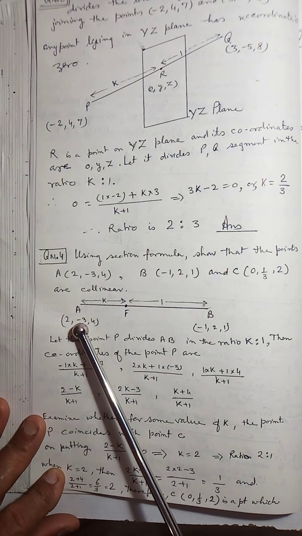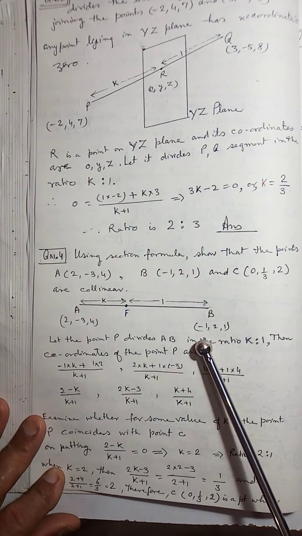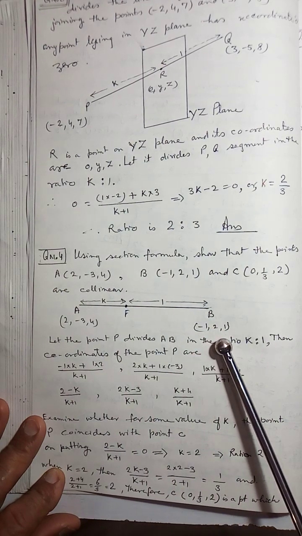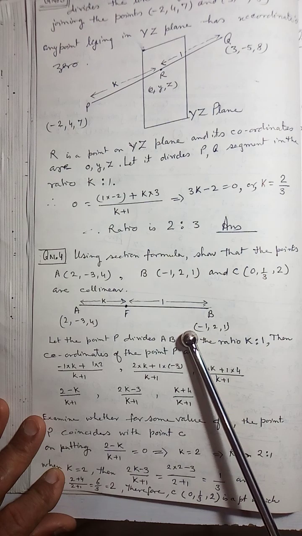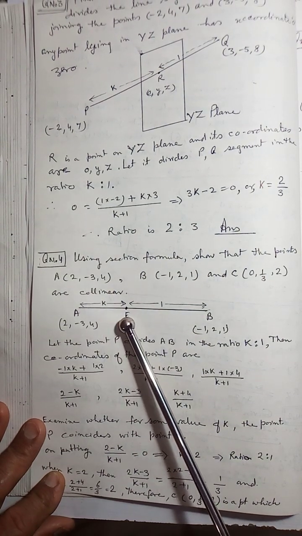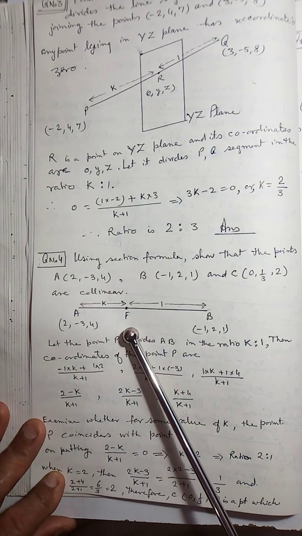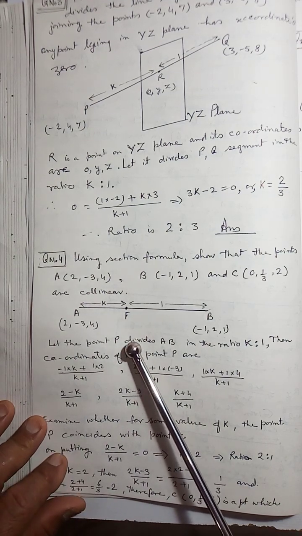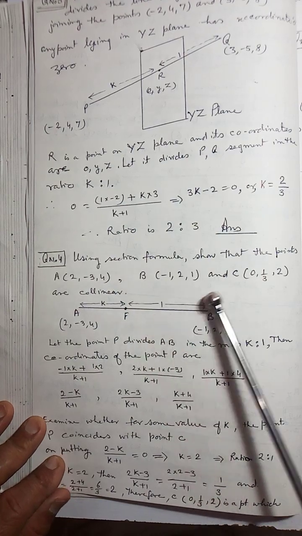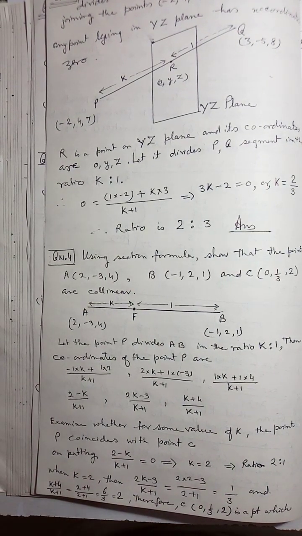The coordinates of A are (2, -3, 4) and B are (-1, 2, 1). We have to prove that these are collinear points. First of all, let there be a point P which divides AB in the ratio of k:1.